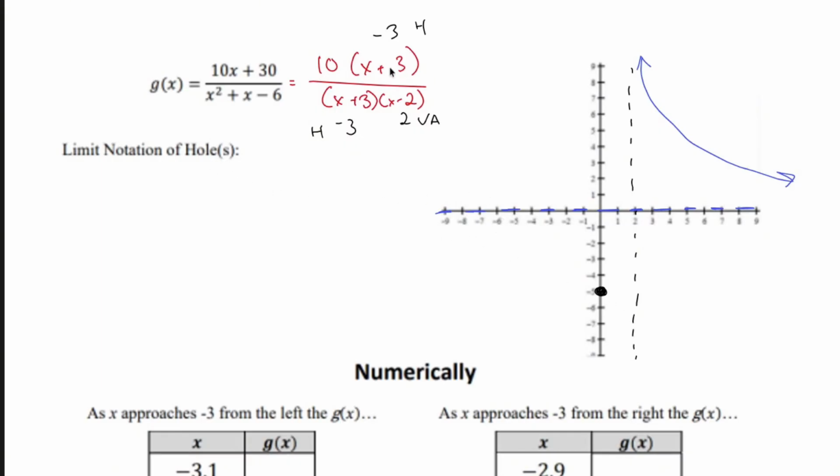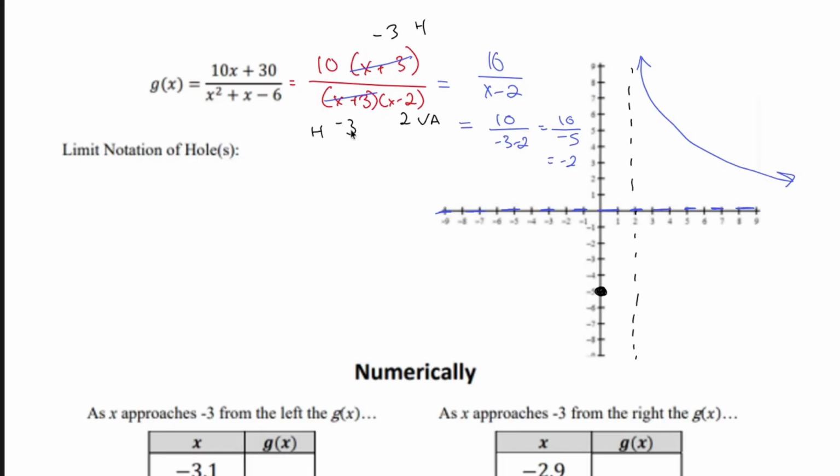Negative 3 what? The way you find the absolute spot of the hole is you simplify this and then plug in negative 3. So you have 10 over x minus 2. That's going to be 10 over negative 3 minus 2, which is 10 over negative 5, which is negative 2.